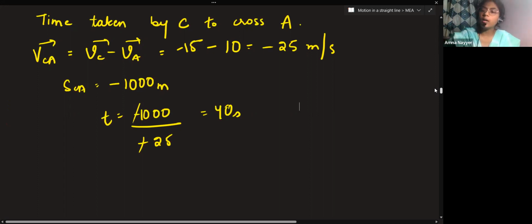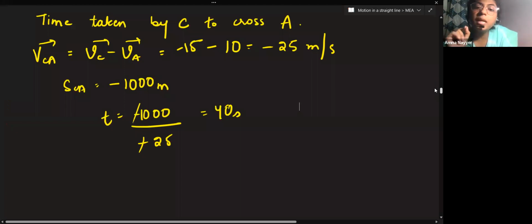If we choose exactly 40 seconds, then C would also be here and B will also be here in front of car A. So B will not succeed.